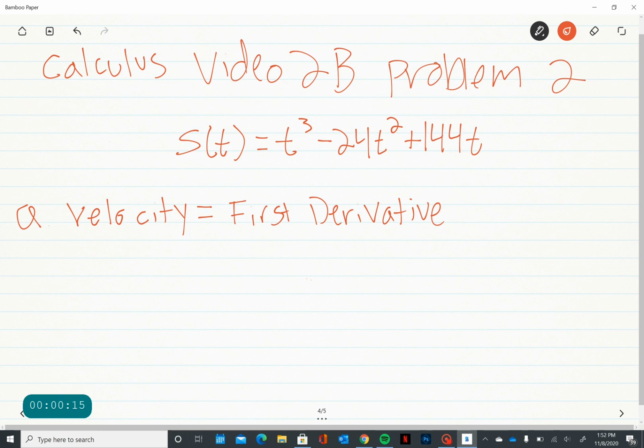So A is asking for the velocity equation from this position time function. And since it's asking for velocity, it's asking for the first derivative. So s prime of t is equal to, and this is just a combination of a bunch of power rules put together.